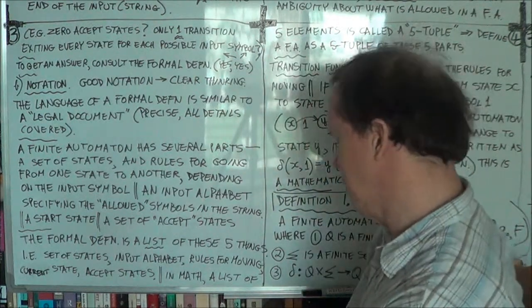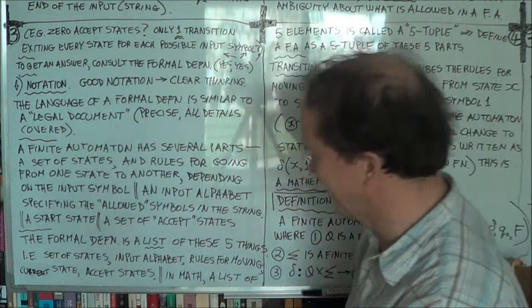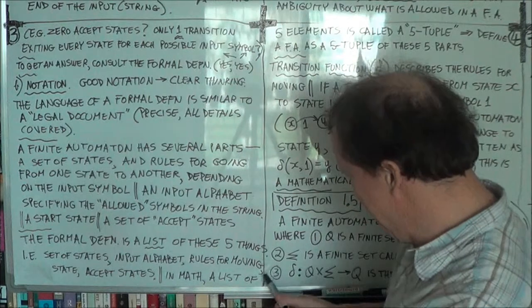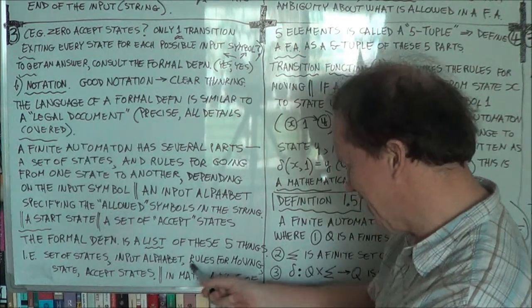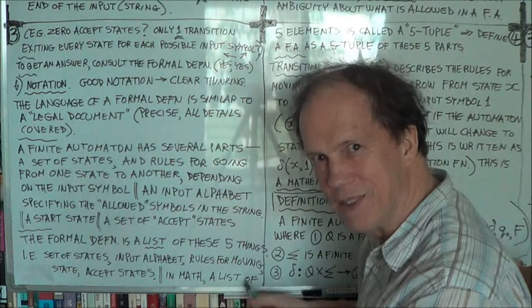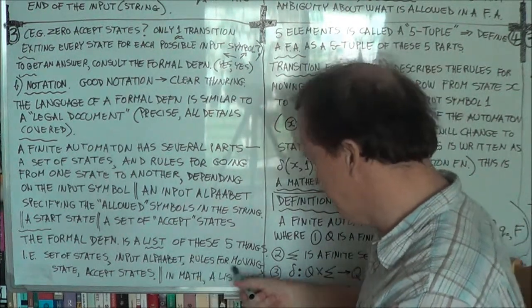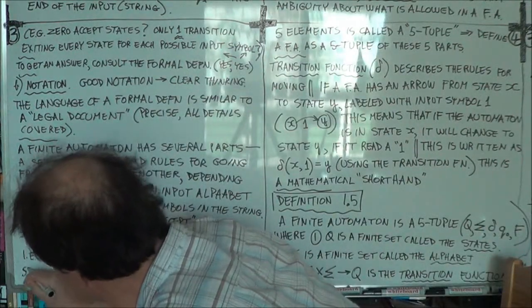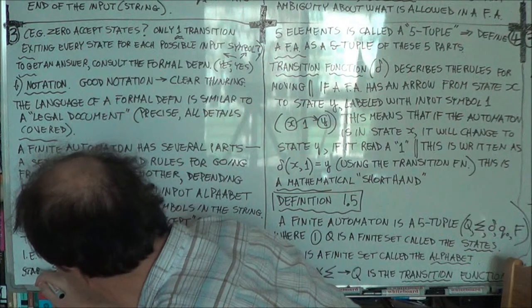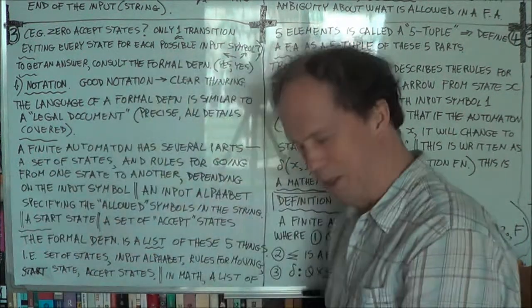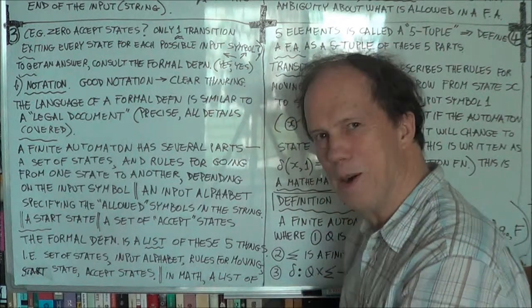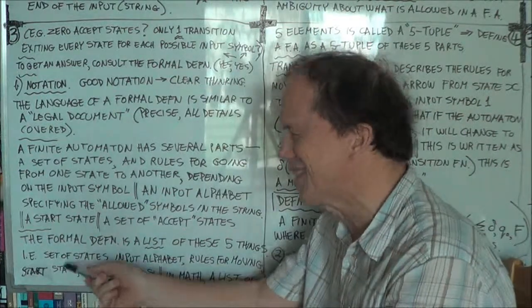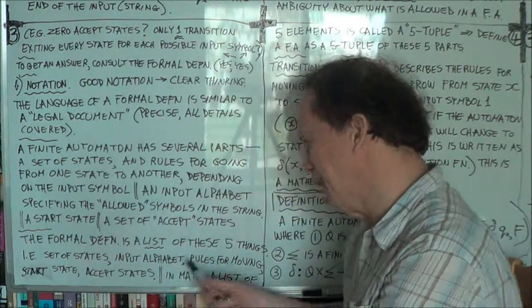Wait a minute. You see what I've done? I didn't see this comma here. So it's just rules for moving, which is a bit of a shorthand. In other words, the state transition table, comma. And then of course this would be the start state. Yeah, that one little comma. I mean, how many wars have been started due to commas? That's a classic misinterpretation. Interesting. Okay, so the 4 things.